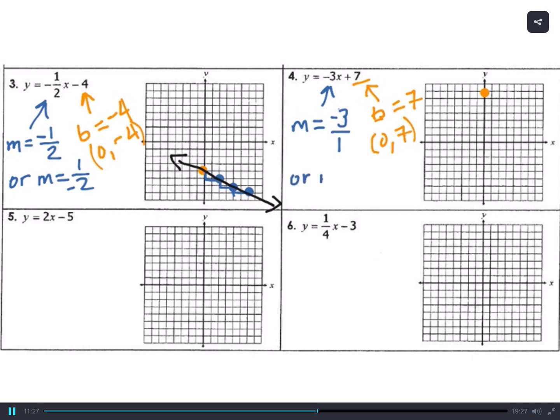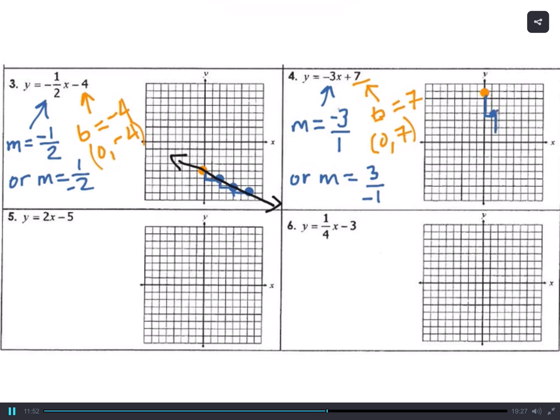And then, of course, also you could plot +3 over -1. But in this case, I wouldn't be able to do that because there's no space on this graph to go up 3. Okay? So I'm just going to stick with the original, which would be down 3, +1, and then plot that point.